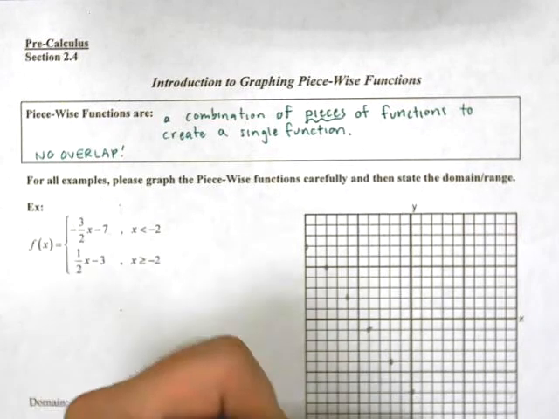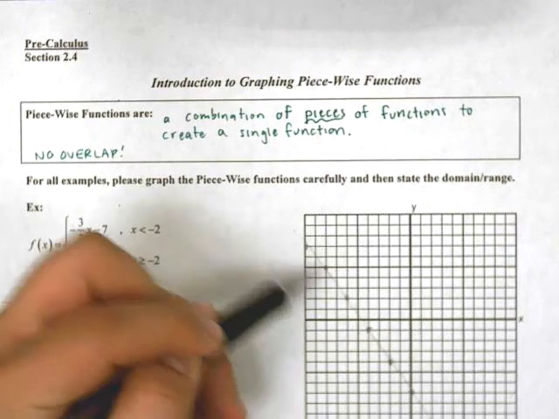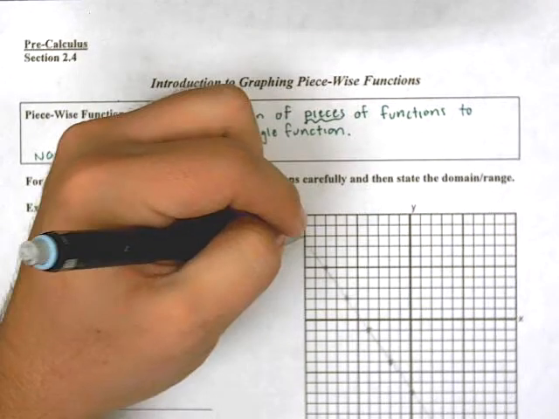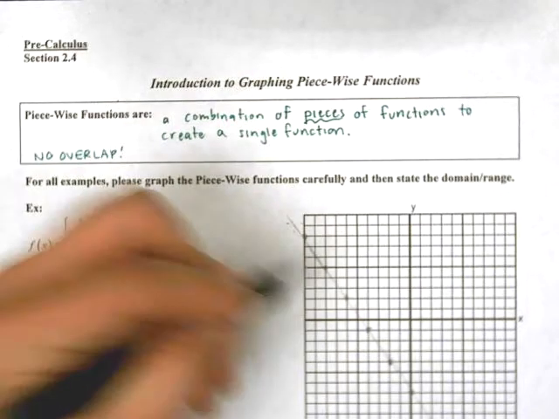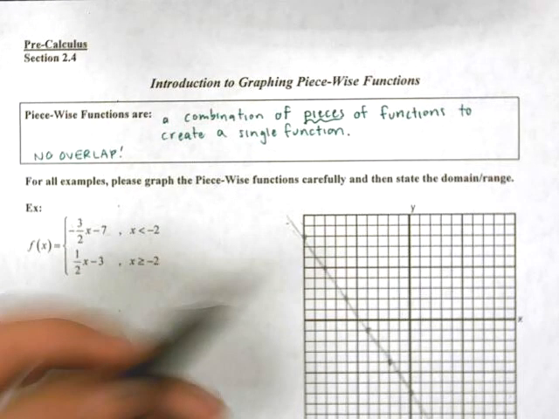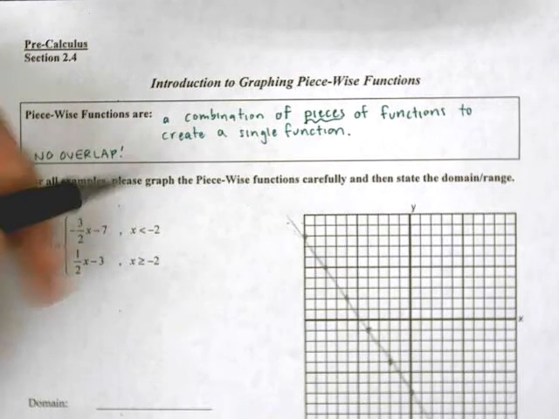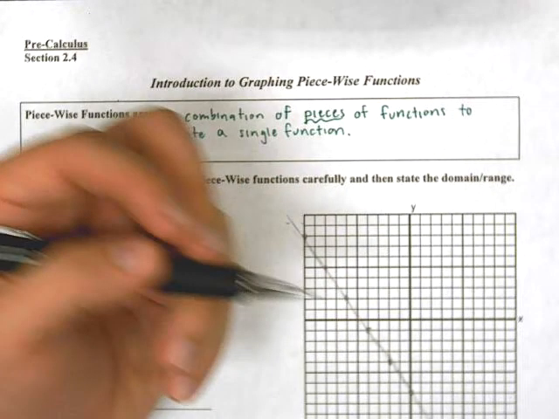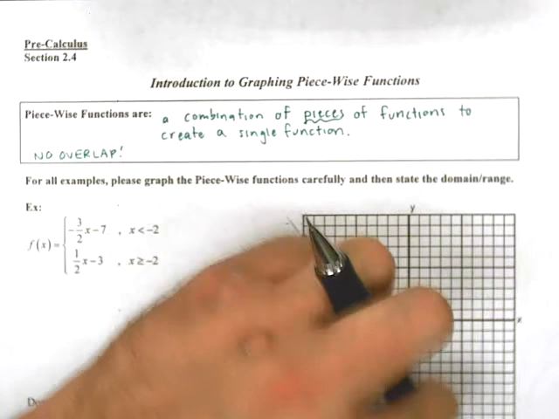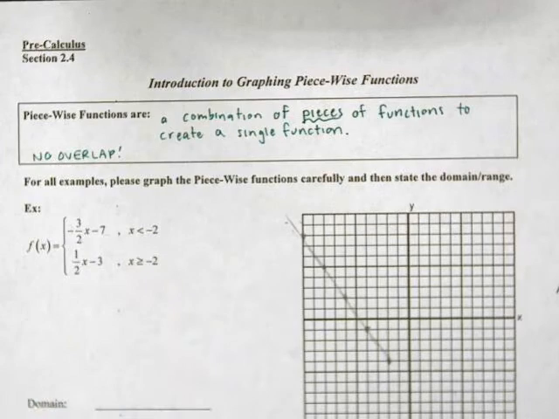So when we sketch our line, oh, I made a wrong point. Sorry about that, guys. All right, when we sketch this, we have to think through this a little bit. We only want when it's left or less than -2, which ends up being right here. So what I'm going to do is erase everything to the right. All right? And then we need to think about this a little more.